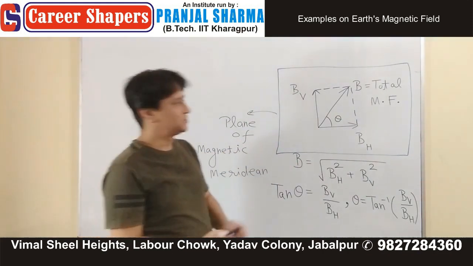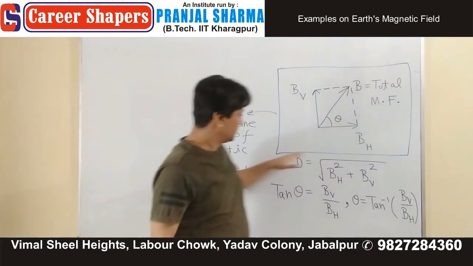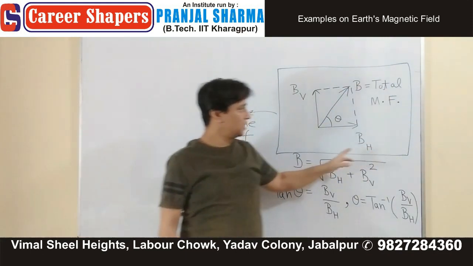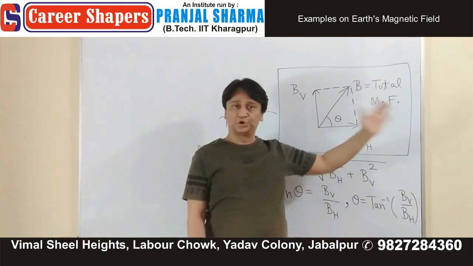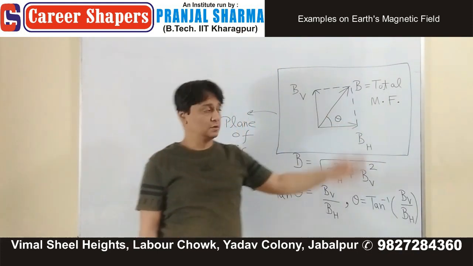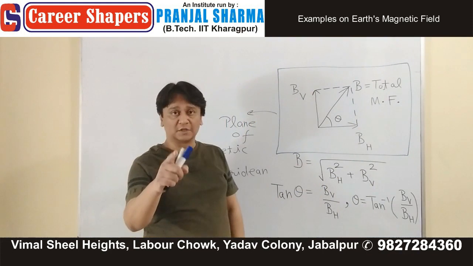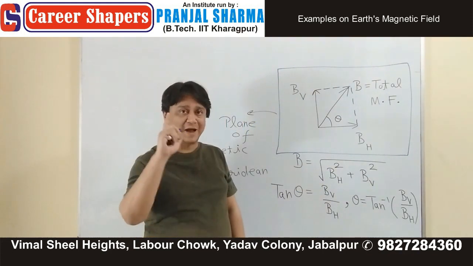If you have space, just draw this type of boundary. This whole thing is a vertical plane which is containing the north-south orientation. Which north and south? Not the geographical, but the magnetic.